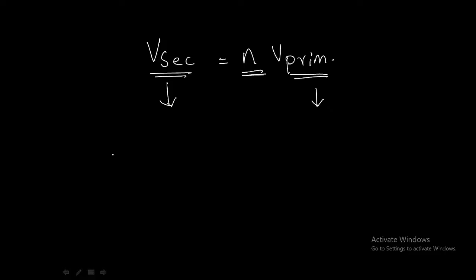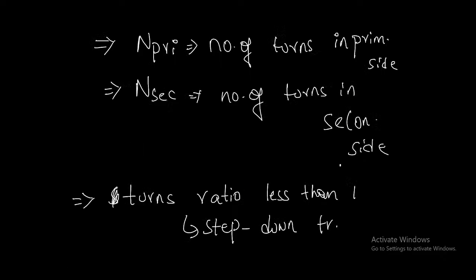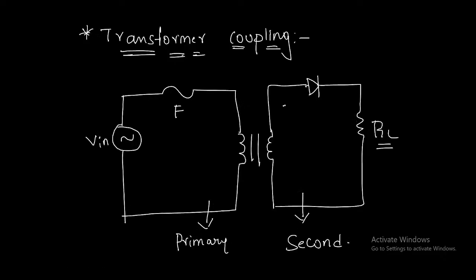If N is greater than 1, the secondary voltage is greater than the primary voltage, and if N is less than 1, the secondary voltage is less than the primary voltage. It is obvious from the equation too. If the number of turns in the primary side is more and the number of turns in the secondary side is less, then the voltage decreases.